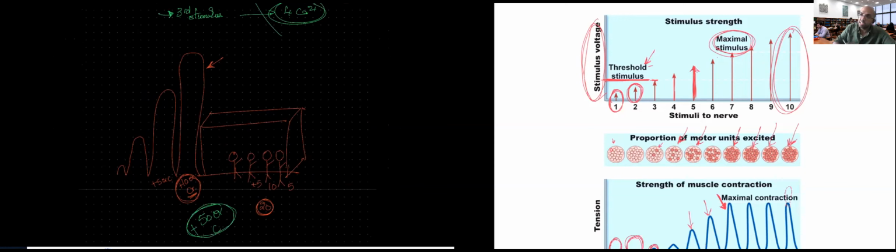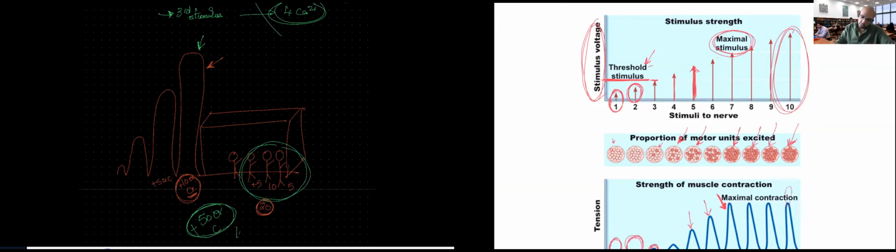Can we increase the amount of tension applied on this wall? No. Why? Because all of you have already been recruited. This is the maximum number of people in class. All the 20 are already pushing this wall. So I can't create any further tension on this wall.